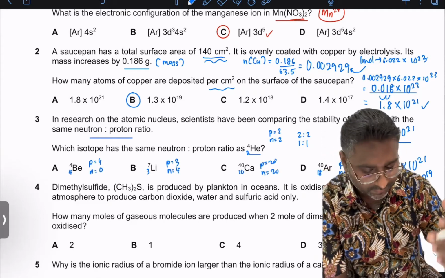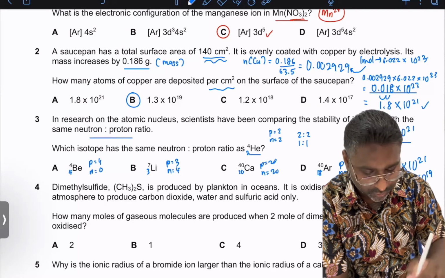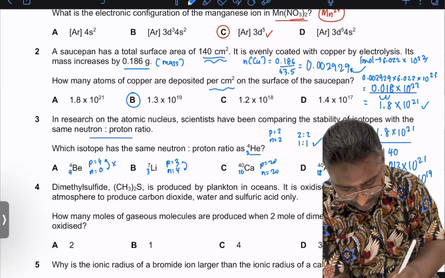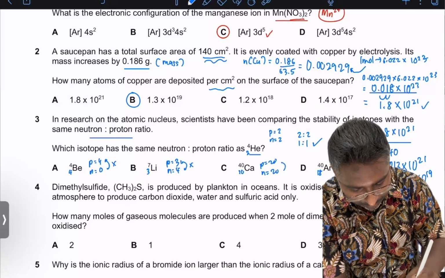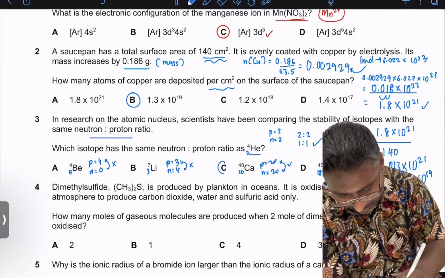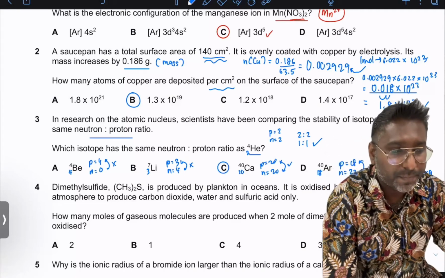We are looking for the same number of protons and neutrons. So not the same cannot be the answer; same is our answer. So the answer is going to be C.